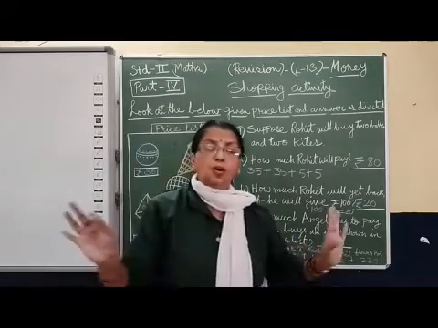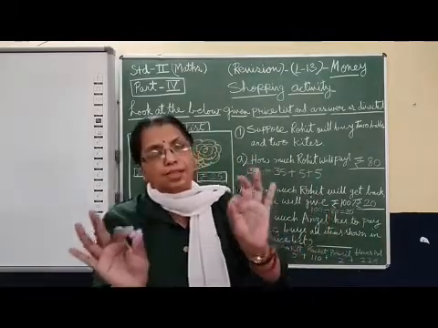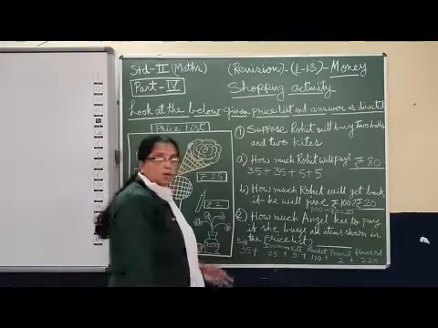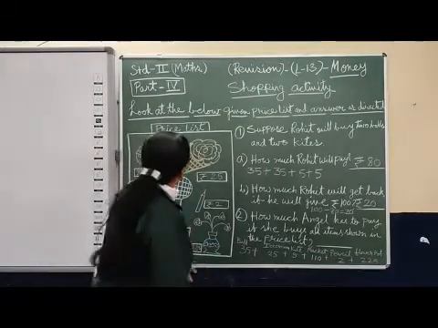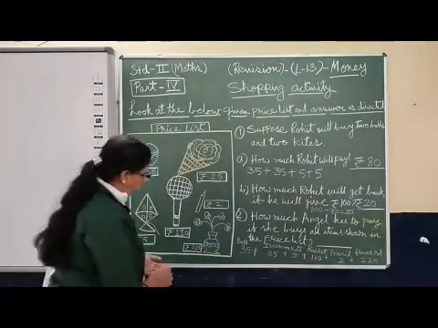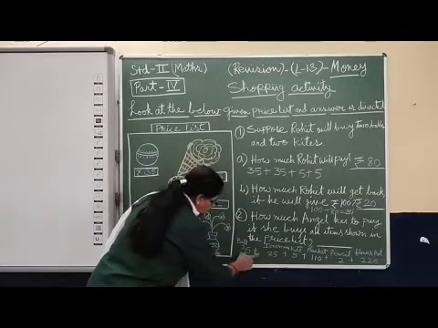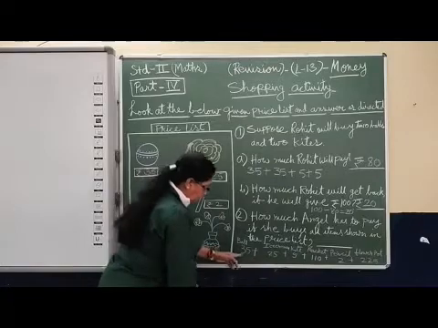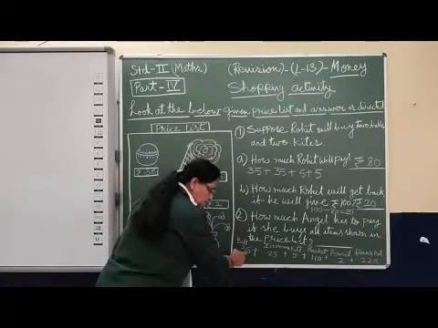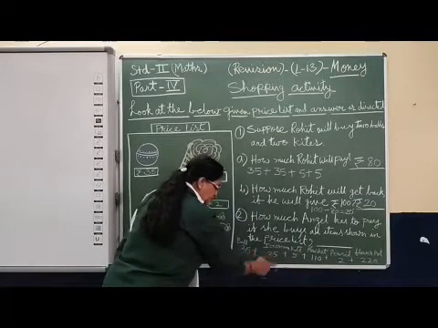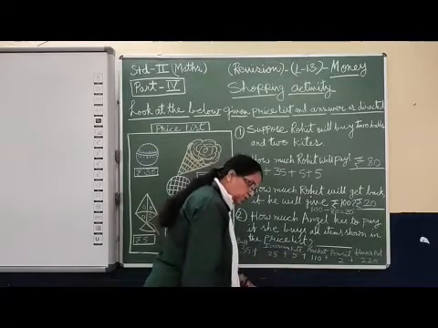We have to add all the items' cost. Now orally we can. How to do? Rough work we will do in this way. 30 plus 20, 50, 5, 55, 5, 60 plus 5, 65.